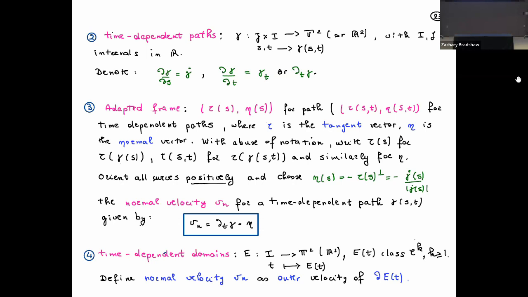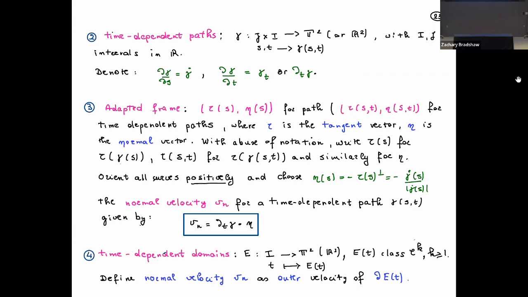And similarly, if I have a time-dependent path, it will be time-dependent frames. And I will orient all curves positively, and I'll choose the normal in the standard way as the tangential vector rotated by 90 degrees counterclockwise. So you can write it in terms of the derivative of the parameterization.